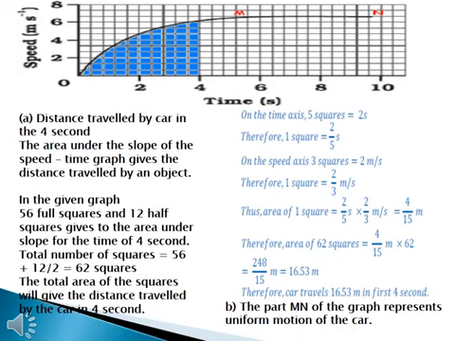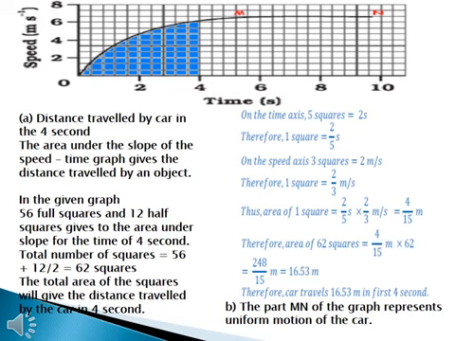It will be equal to 248 divided by 15 meter, which is 16.53 meter. So the car travels 16.53 meter in the first 4 seconds.